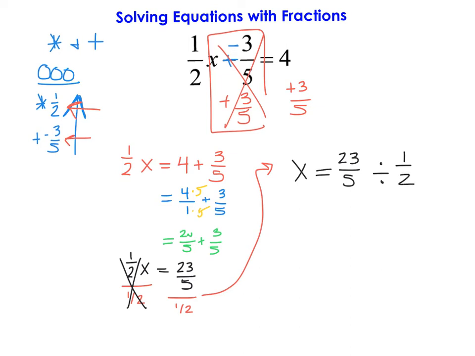And now from here, I'm going to use keep, switch, flip. So I have x equals keep the first fraction, switch it to multiplication, and flip the second fraction. So I now have multiplication, so all I need to do to solve this is to multiply the numerators and multiply the denominators. So I have x is equal to 46/5.